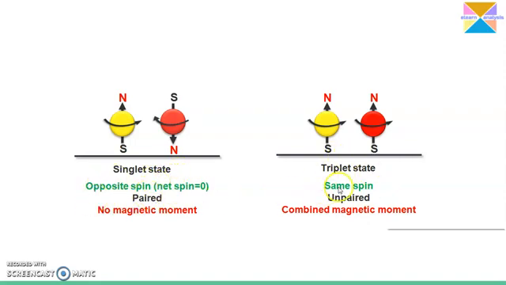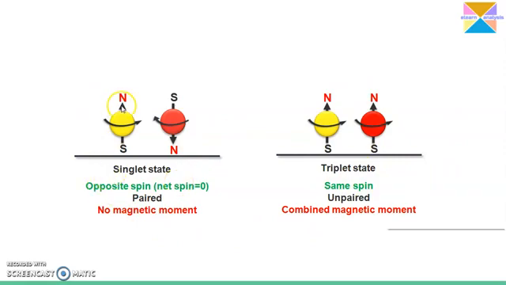Whereas in the triplet state, they tend to behave as a tiny magnet, because of the unpaired property, the magnetic moment gets added up, and there is a net magnetic field observed. That's why triplet state molecules are paramagnetic, whereas singlet state molecules are diamagnetic in nature.